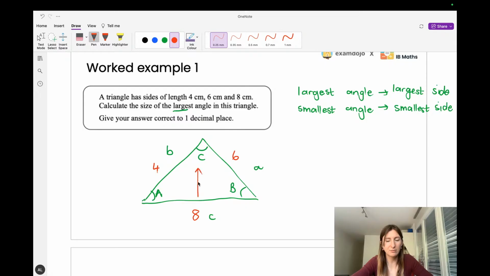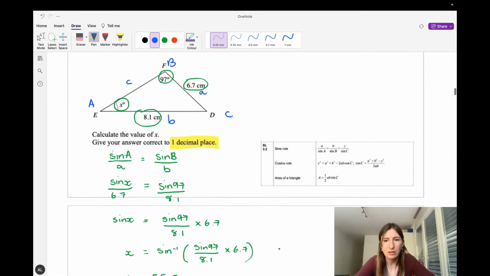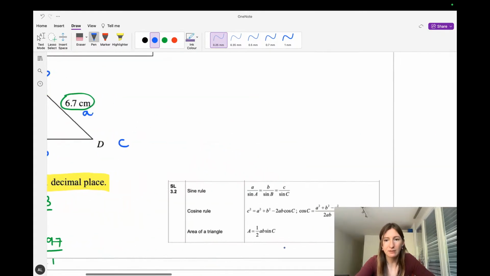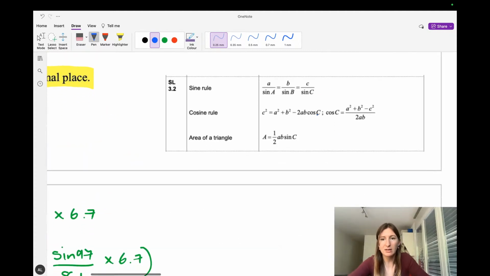The one opposite is going to be my largest angle. So let's put that on our diagram, and let's go in blue. So now we are going to be using this because we want to find the angle. We need cos C. So we're going to use this part of the formula.